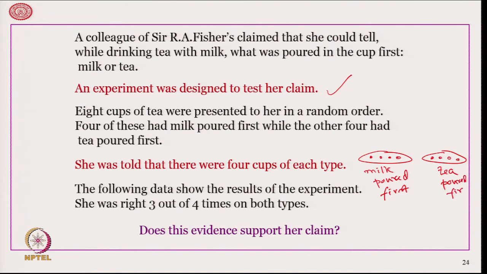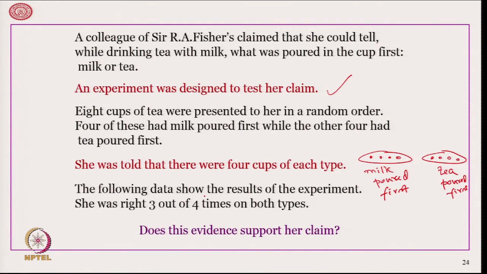She was told that there are 4 cups of each type and she has to sip and tell whether milk was poured first in that cup or tea. She does not know which cup is coming from which population.